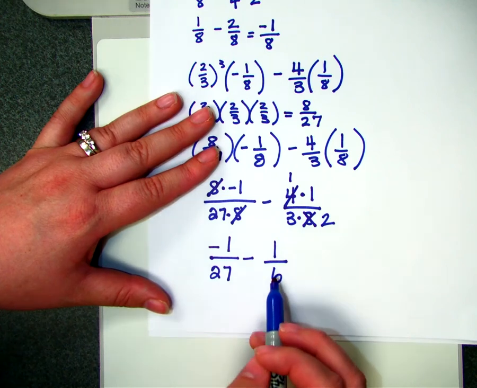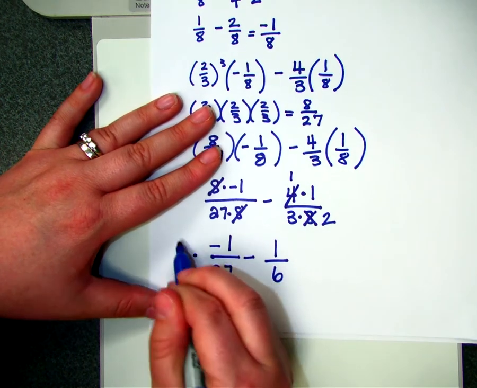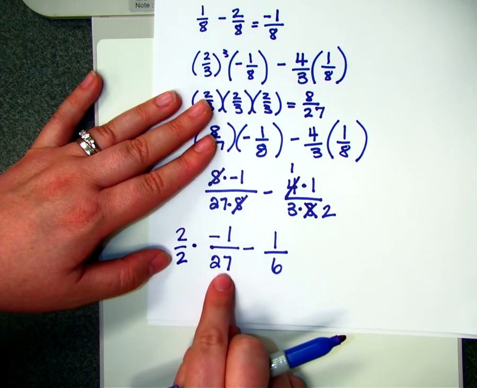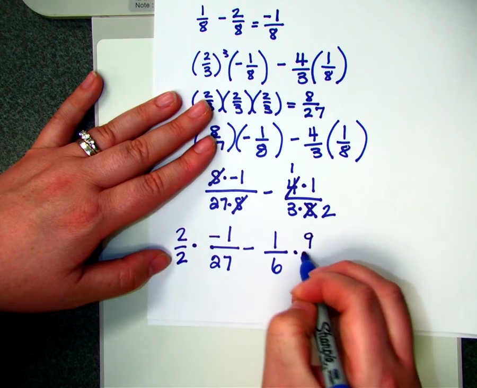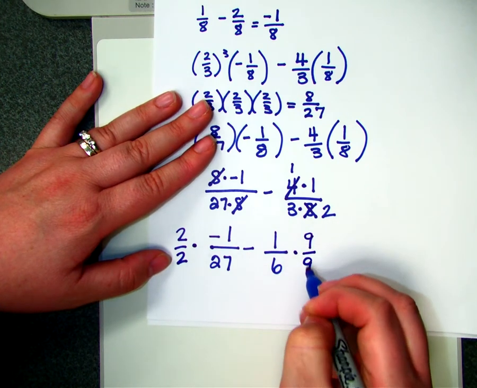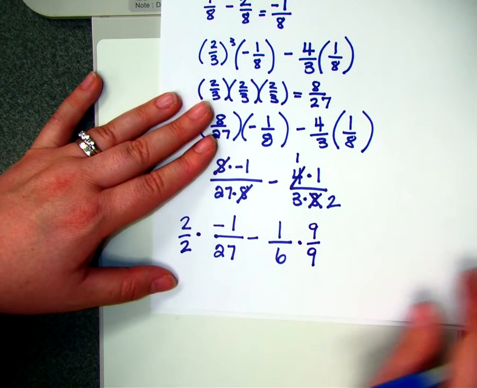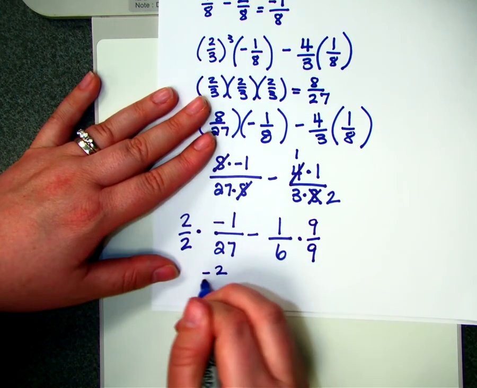And if we look, 6 will also divide 54. So what we'll have to do is multiply this first fraction by 2 over 2, and what we're trying to do is get this denominator to 54. And then multiply the second fraction by 9 over 9, because 6 times 9 is what would make this second denominator also 54.